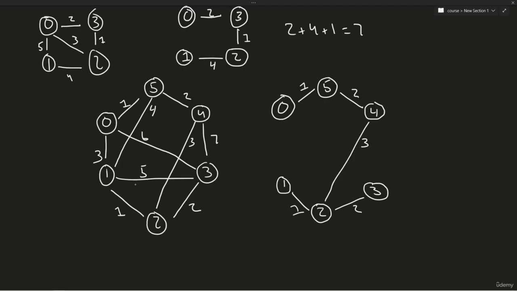So here the weight of our minimum spanning tree is going to be equal to 9. And we see that we are connected entirely. We have no cycles, and we have 1, 2, 3, 4, 5 edges, and we have 1, 2, 3, 4, 5, 6 vertices. So this would be our minimum spanning tree.